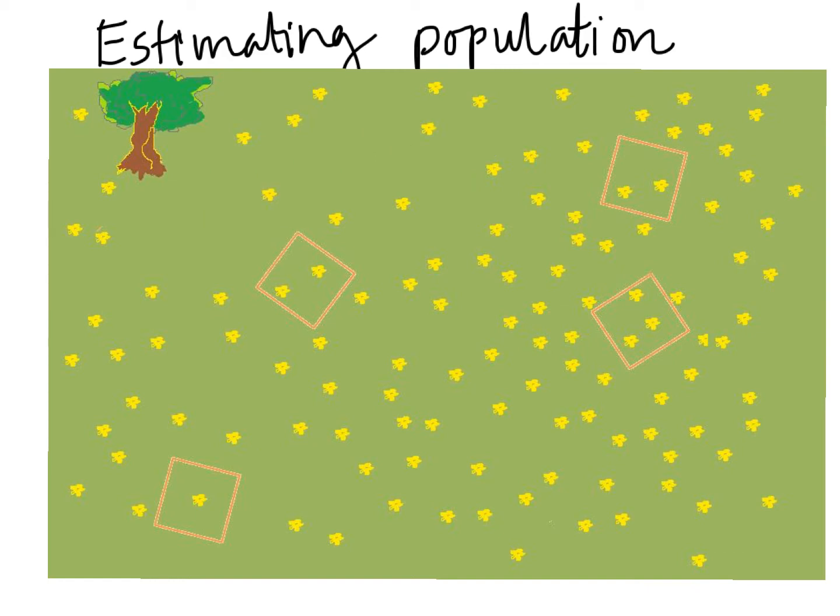Now let's look at how the population can be estimated from just these 4 quadrat samples. So we have 4 samples, 1, 2, 3, 4. The total number of daffodils inside them is 1 plus 2, 3, 6 and 8. So the total number we have is 8 daffodil plants, and we have 4 samples, so the sample number is 4 quadrats.